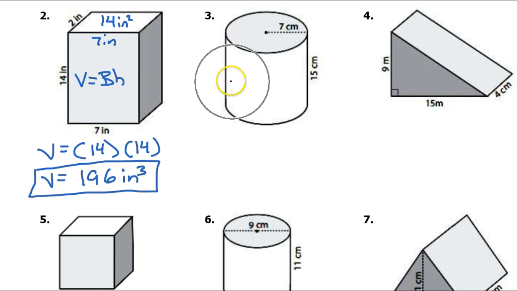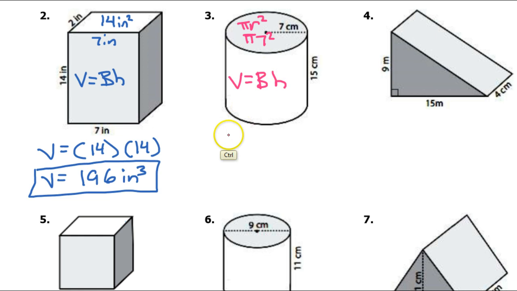All right, number 3, again, the volume is going to equal the area of the base times the height. In this case, the base is a circle, so the area of a circle is pi r squared. So this is pi times 7 squared. So that's going to be 49 pi. So when we say the volume is equal to the area of the base times the height, the area of the base is 49 pi, because 7 squared is 49.